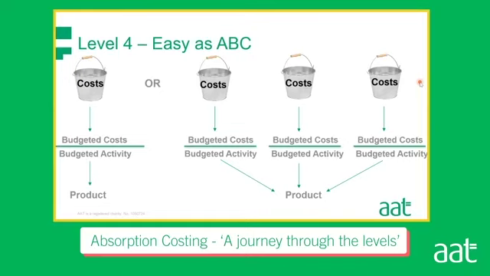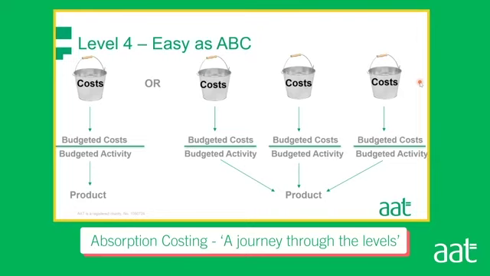Each bucket represents a cost center or a cost pool. For that cost center, we basically analyze it. We find out what it is they do for the rest of the business, and we work out a more appropriate absorption rate for just them. It's still the same formula. It's still budgeted cost over budgeted activity, but the activity is specific to them.